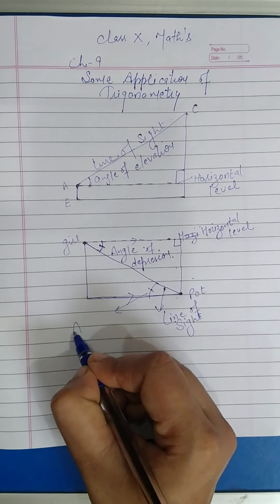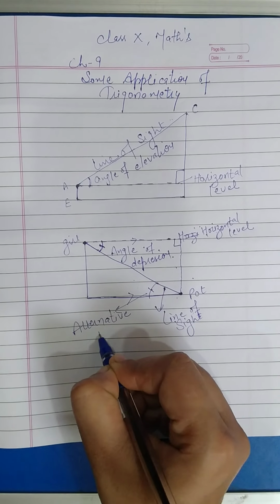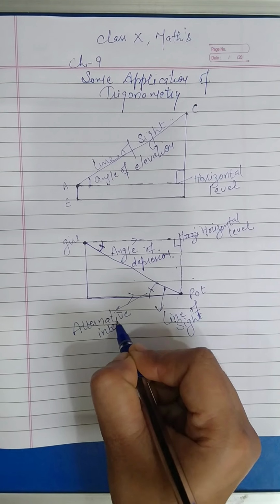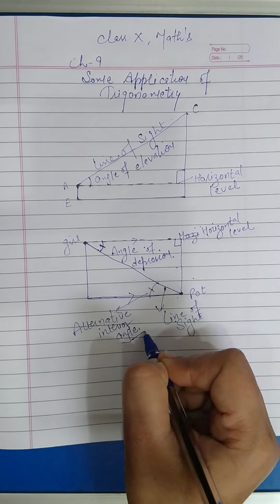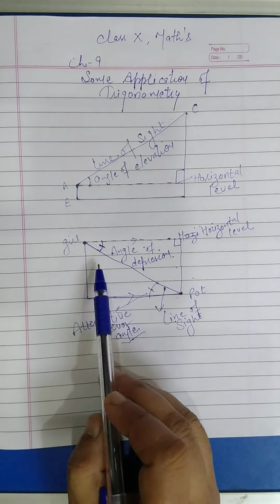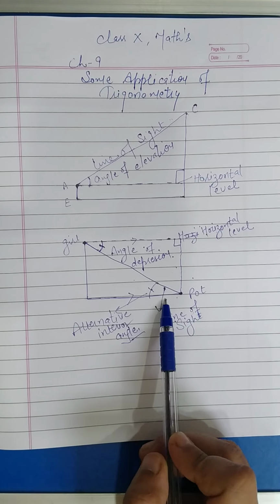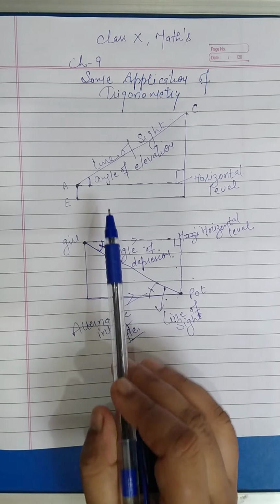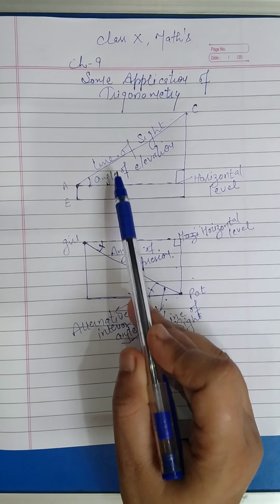These two are alternate interior angles. So these two angles are always equal because these two are alternate interior angles.